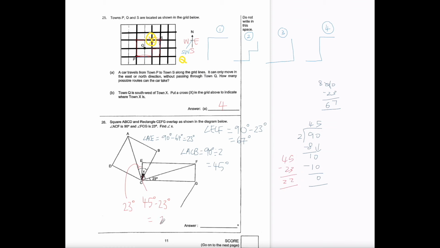Which is 22 degrees. And that's my answer. The degree is already here, so I don't need another degree. So basically this thing, look at where my pencil is at, is 45 degrees because it's a diagonal and it cuts this right angle into half. So it's 45 degrees, and then I minus away this ACE, so I can find out what's my X. Okay, we're given a lot of hints in this question, so it's not too bad.